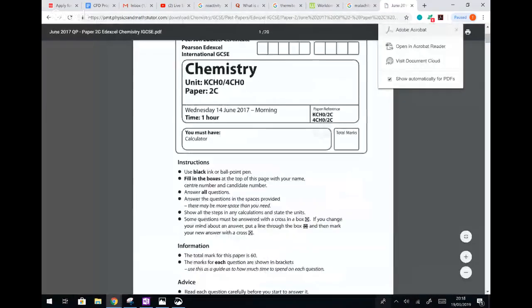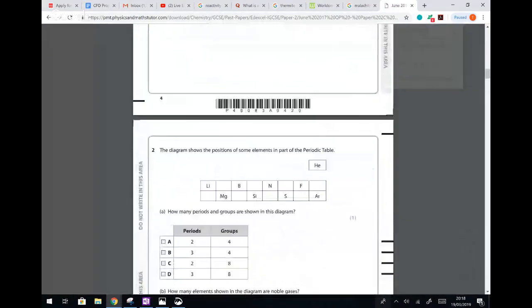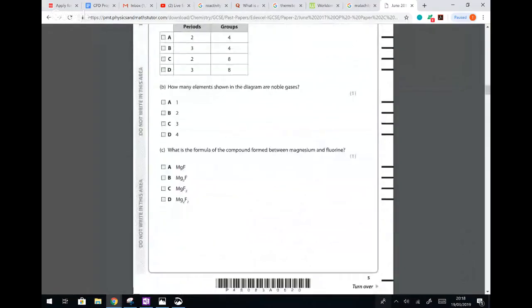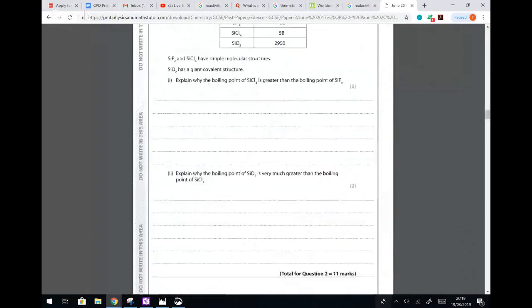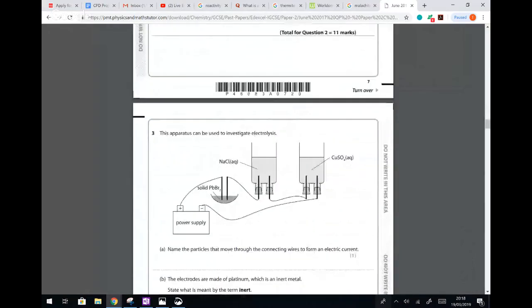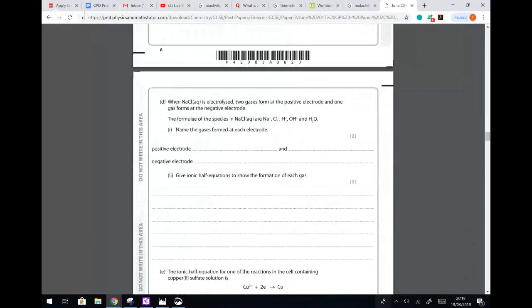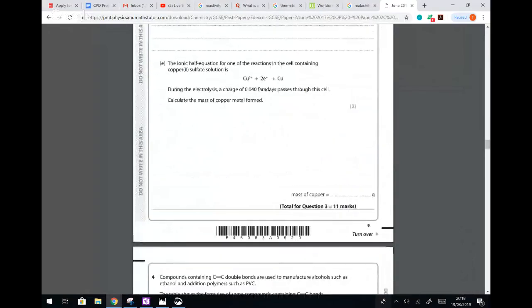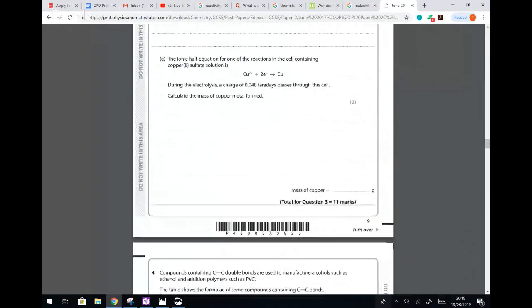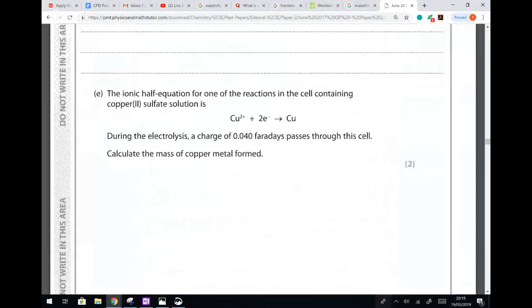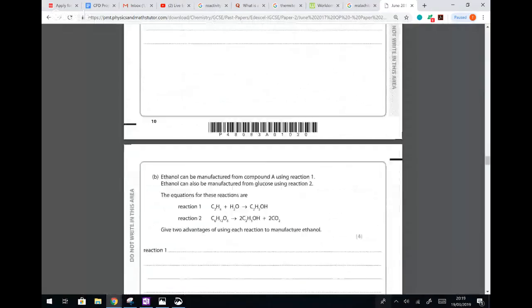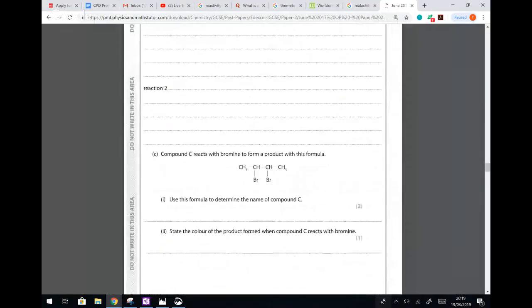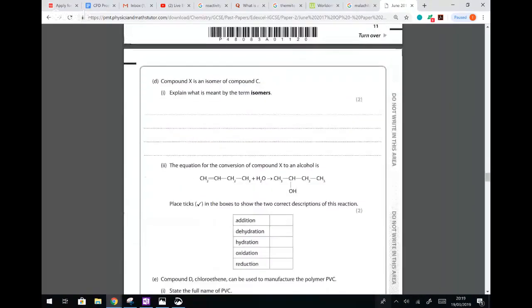Paper 2. Let's have a quick look for the metal extraction question on the paper. So, it starts off with a bit of multiple choice, goes into covalent bonding, continues into electrolysis. By the way, nice of me to mention, Faraday's electrolysis calculations are dead, folks. So you can abandon them entirely. I'm just looking for the metal extraction question.